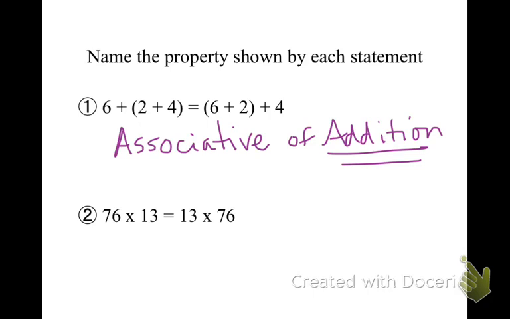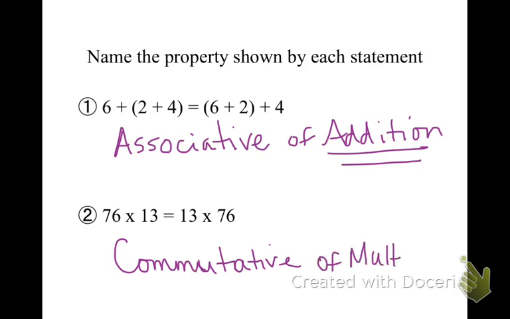Since the order of the number changed, they kind of commuted around the multiplication sign, I will call this commutative of multiplication. Again, real important to have this last part, commutative of multiplication.